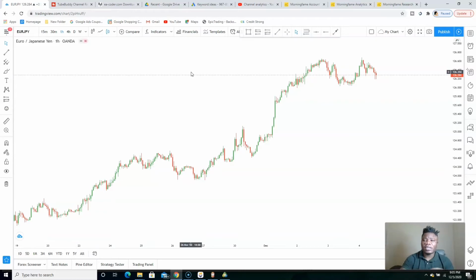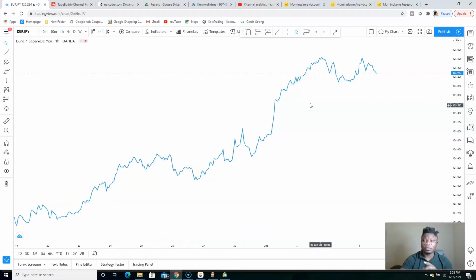The easiest and simplest way to mark up your chart is to switch to the line chart, because when you're on the line chart, everything becomes very clear. You can see everything. So as a forex beginner, the easiest way to draw your support and resistance, to find your zones, is to switch to your line chart.